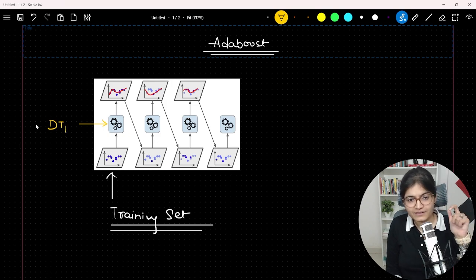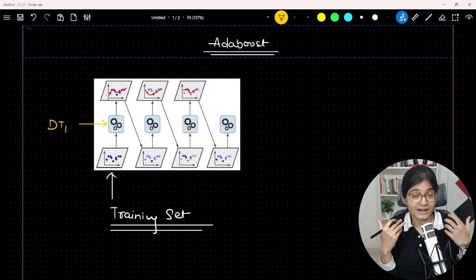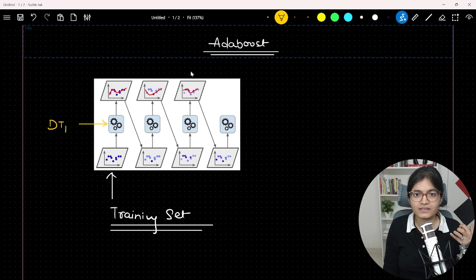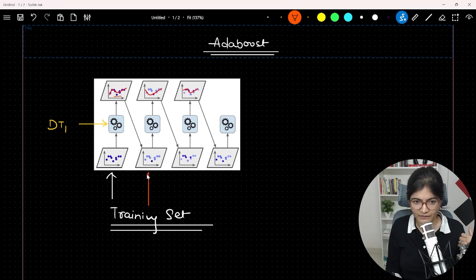This decision tree will specify some decision boundaries; what you can see with the red mark is the decision boundary. In this boundary, there is one specific point which is misclassified, and that point we will give as an input to the next model that we train.